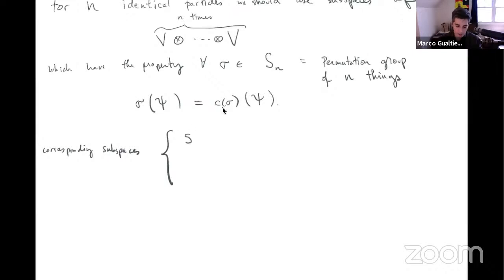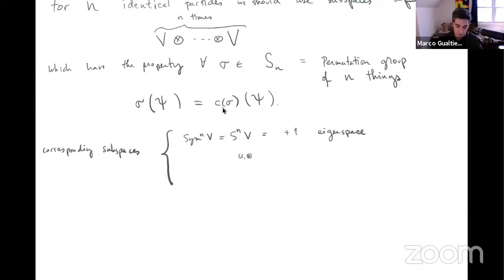The first one is S^n V, or sometimes called Sym^n V. We've seen this before. So these are the +1 eigenspace. And you can build things in this subspace by just, again, averaging over the action of the group.